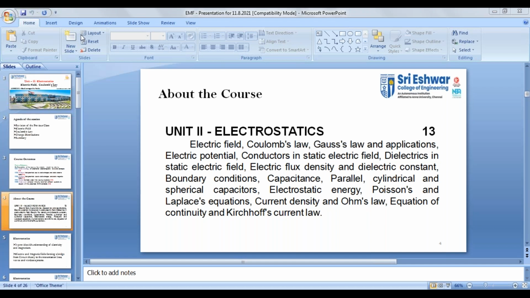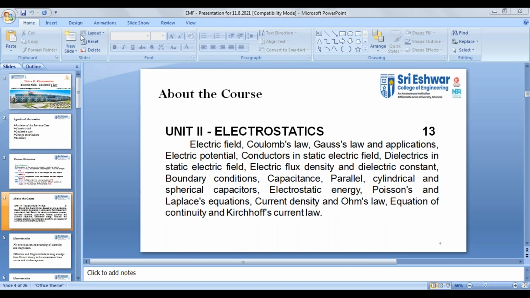In this unit, as you look at the syllabus, it looks very vast, but I'll teach you very simply. Kindly cooperate with me so that you can understand and complete this unit very easily. This unit and the third unit will look more or less the same. The only thing is, in the second unit, electrostatics, we will be deriving the expressions for D and E, and then electric potential for different geometries.